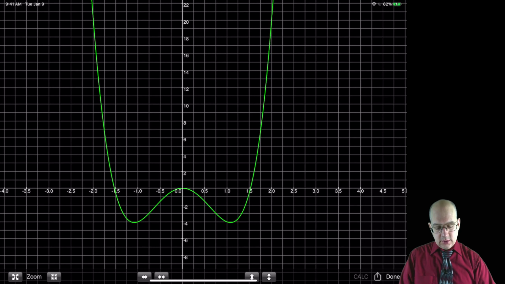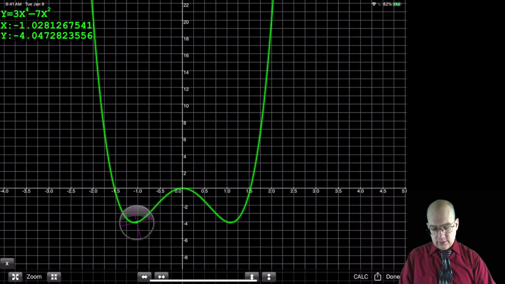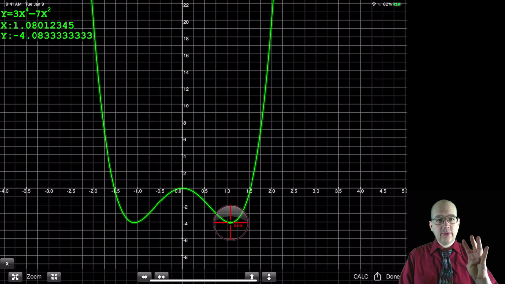So we've got kind of the min here. Then we have a maximum here, and we have a minimum here. So this is a 4th degree polynomial.